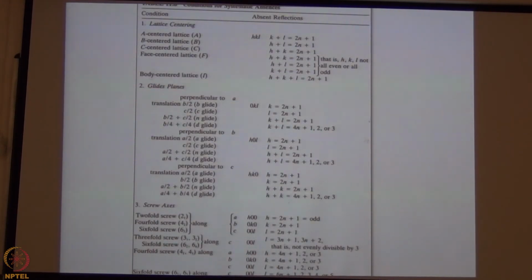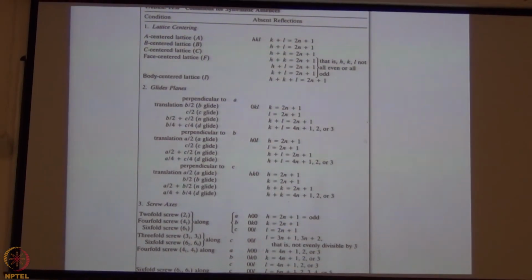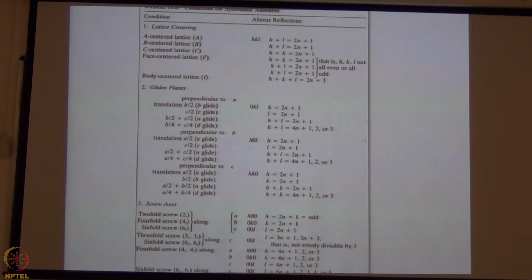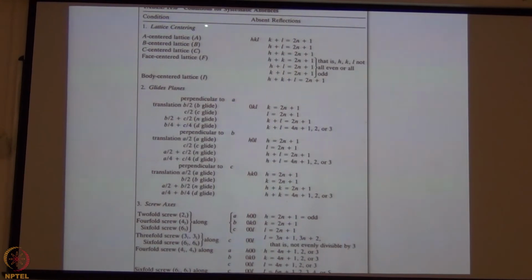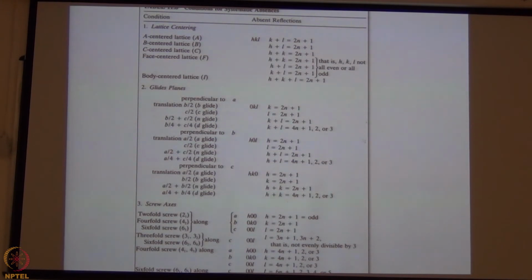So this is a page which, if you don't understand, you will have to memorize, and if you understand, you don't have to memorize. At some point towards the middle of this course, we will be able to derive these conditions using some mathematical tool. But for the time being, we will try to understand them physically. So when it is lattice centering, when I say A, B or C, one face is centered.